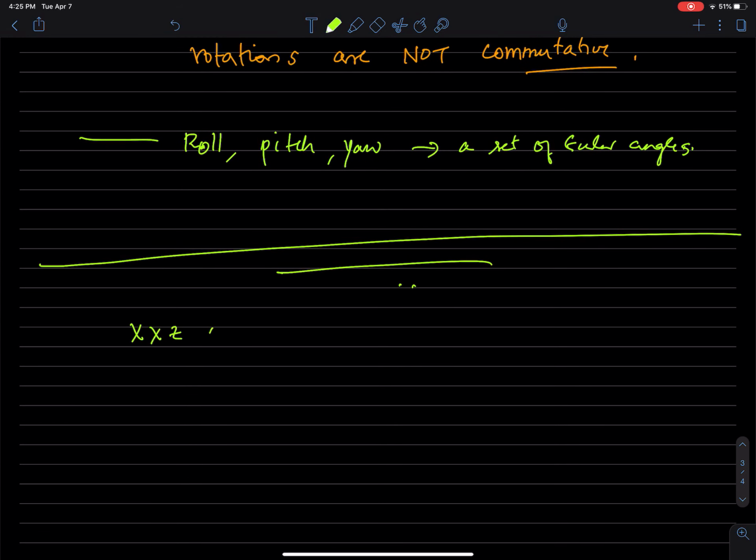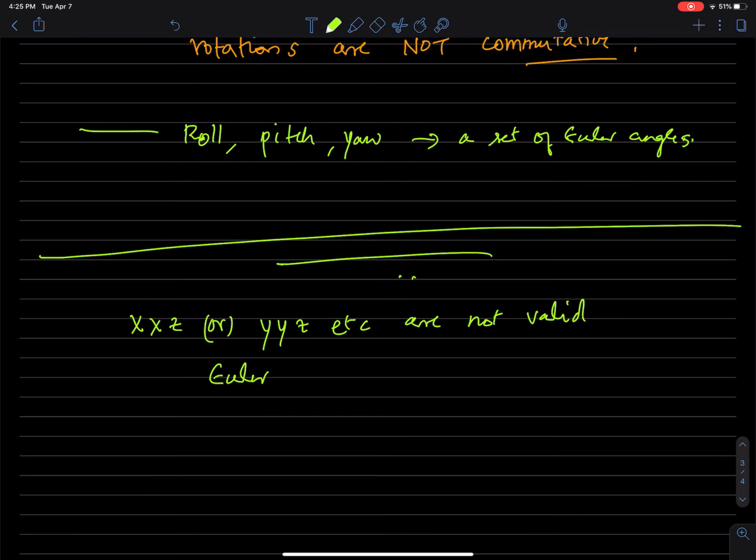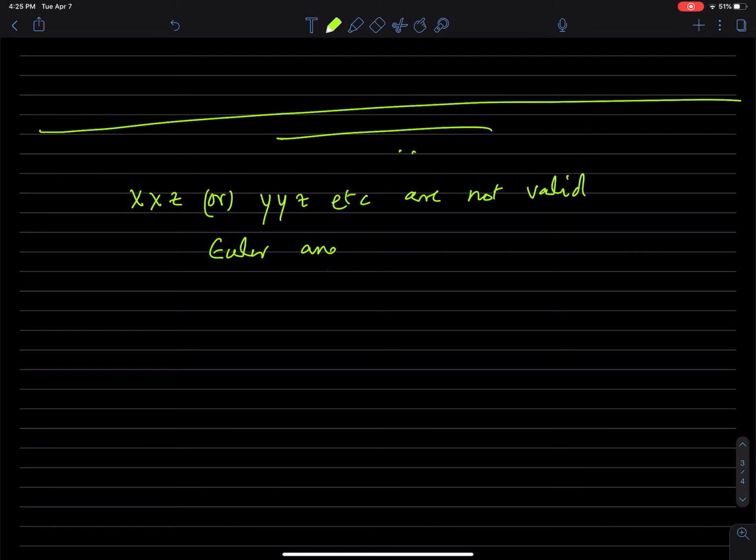XXZ or YYZ, etc., are not valid Euler angle sets because you can convert the YY to a single Y. So YYZ is just the same as a YZ.